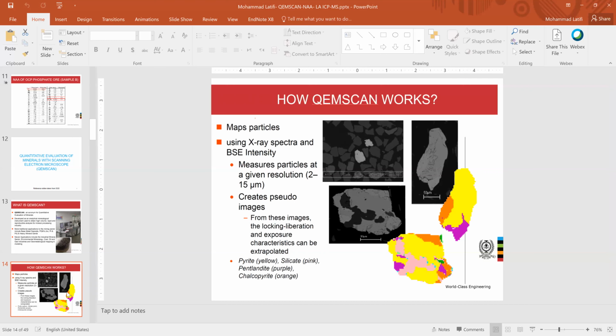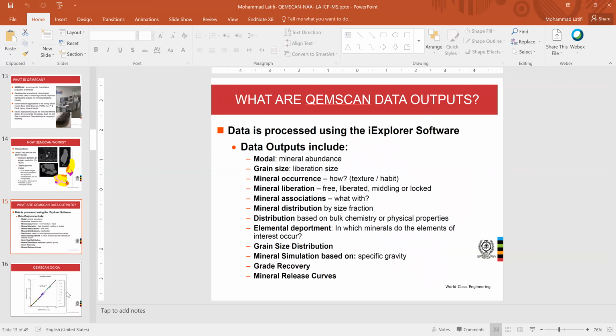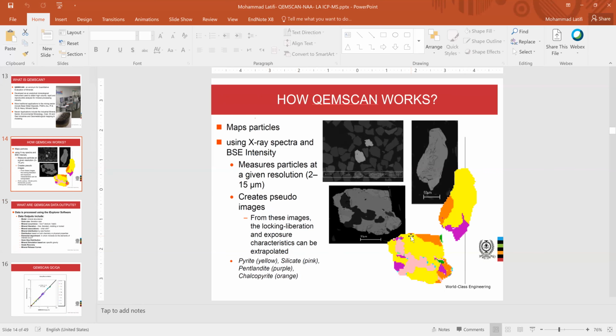So these are very primary information that you obtain from ChemScan. But based on all these basic and primary information, ChemScan can give you much more information in terms of modal distribution of minerals or total mass fraction of minerals in your sample. In terms of grain size, for example, what is the size of each single mineral in a particle.